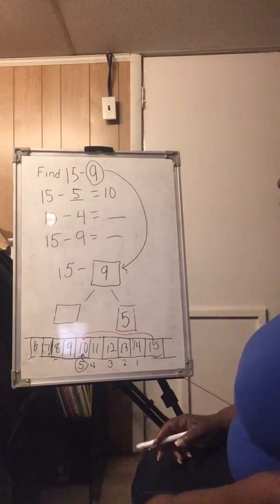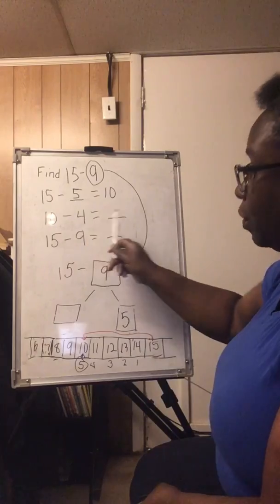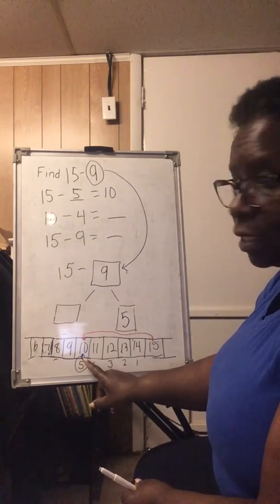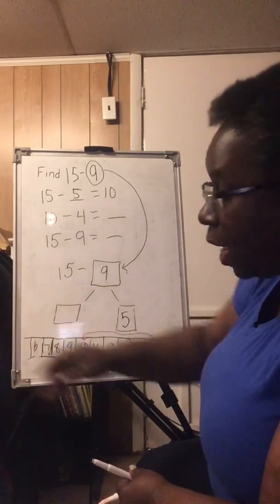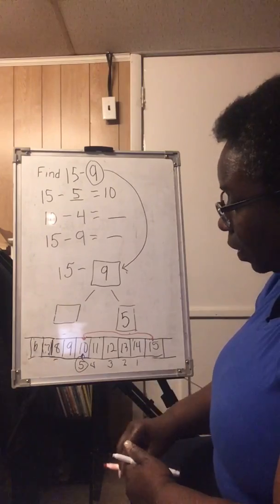Okay? Next, we're going to try to find out 10 minus 4 equals what? So we're going to start right here and we're going to go to the left. We're not going to start with 10.